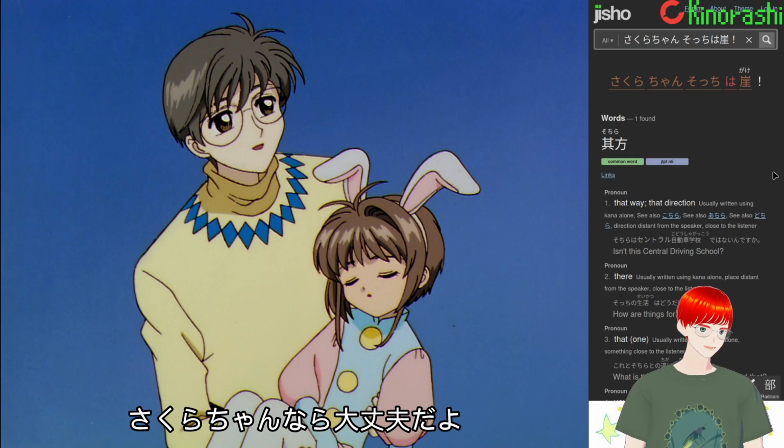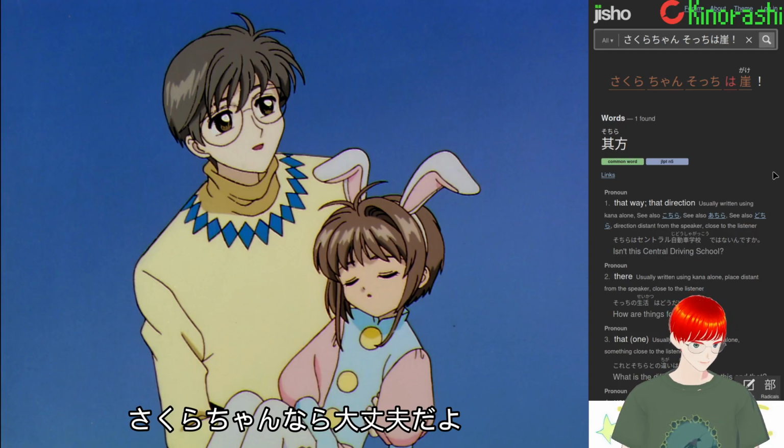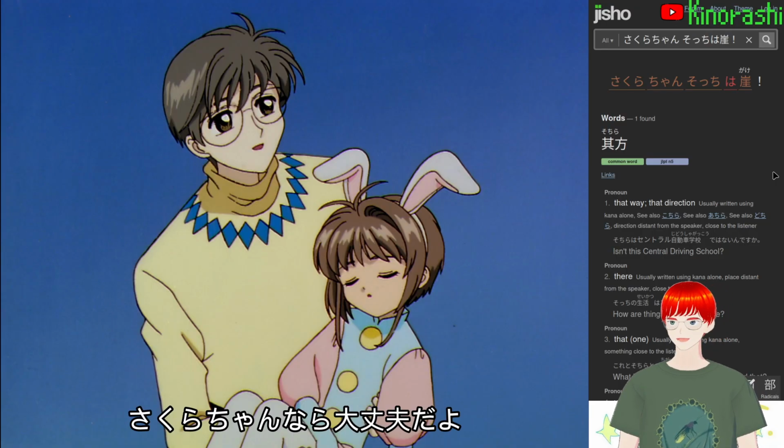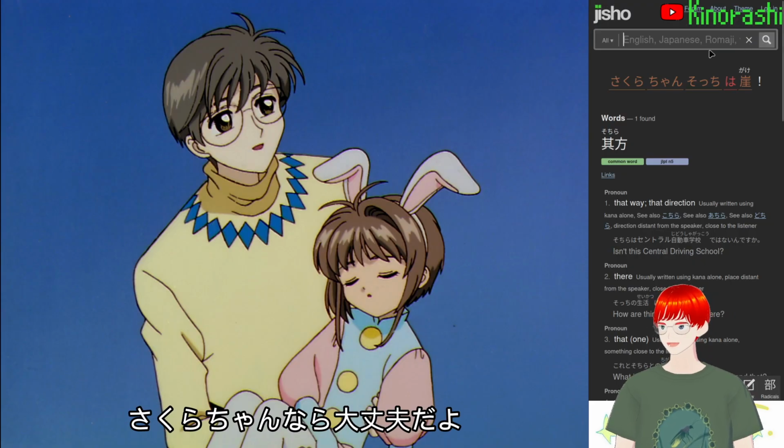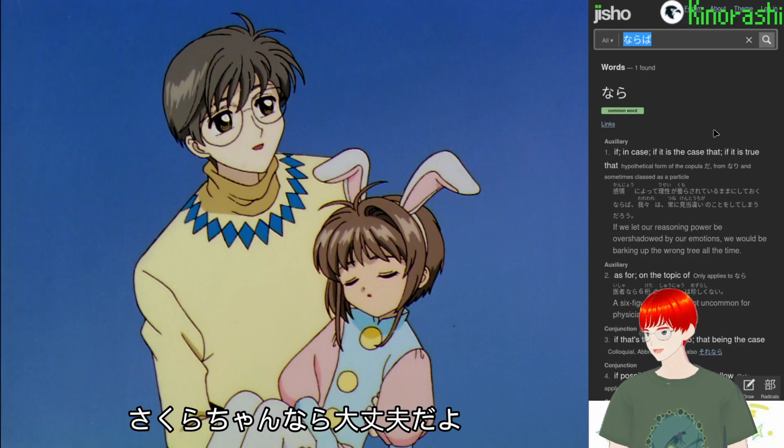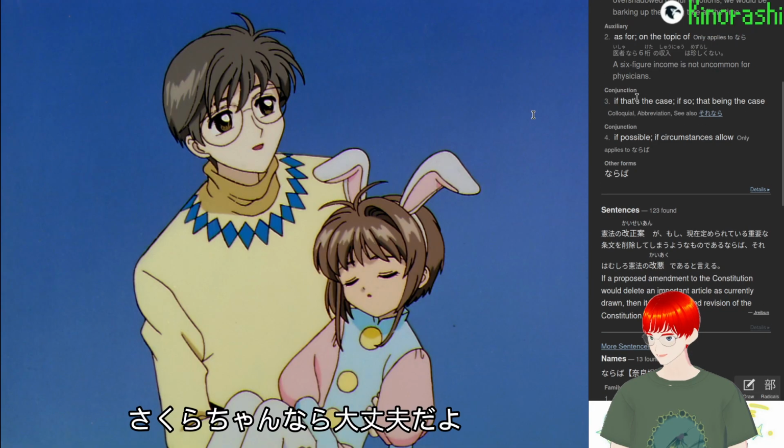This conditional particle, a colloquial form of ba or naraba, meaning if or in the case of. Oh, nara comes from naraba? I don't know.